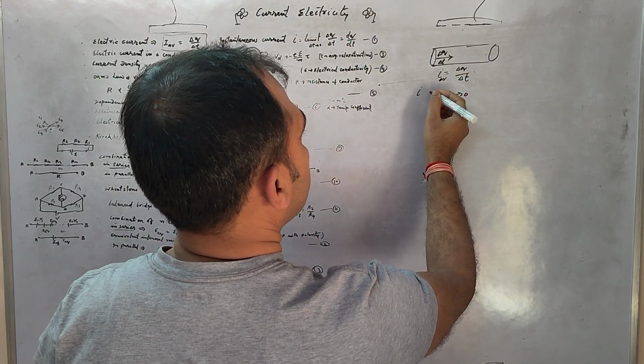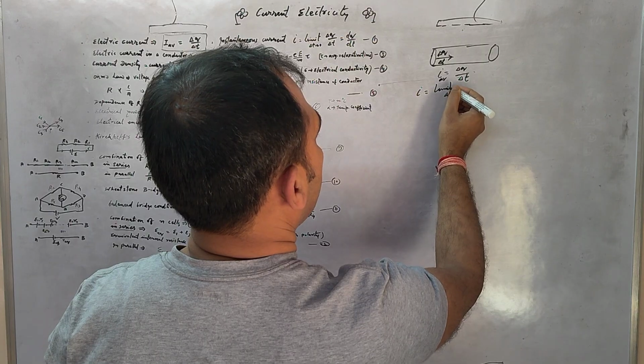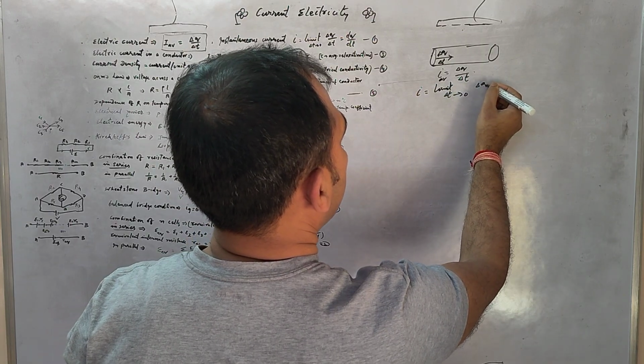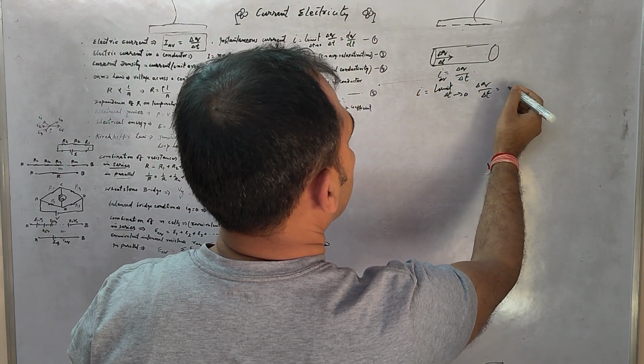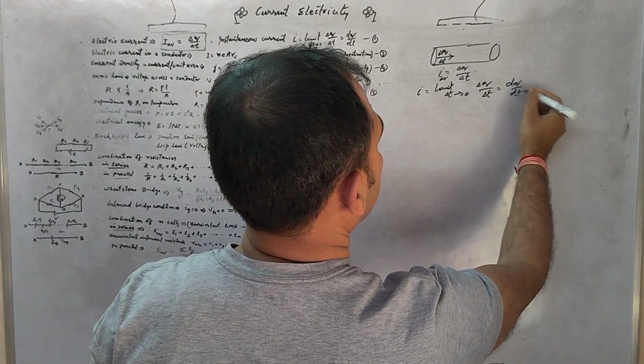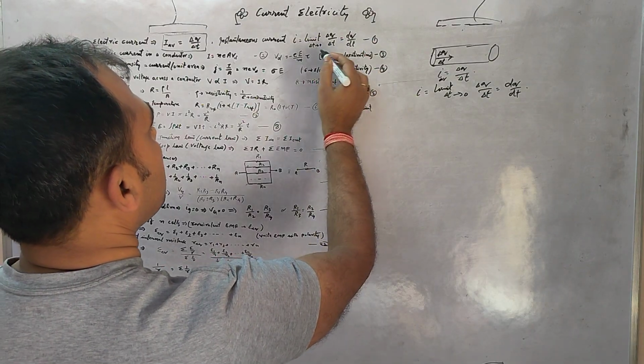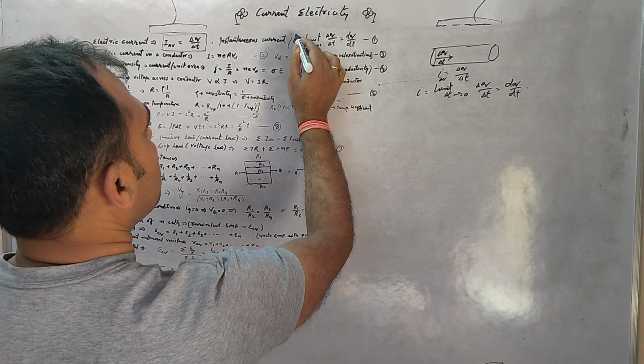So I instantaneous will be equal to limit delta t tending to 0 of delta q by delta t, that is dq by dt. So this is another formula for instantaneous current.